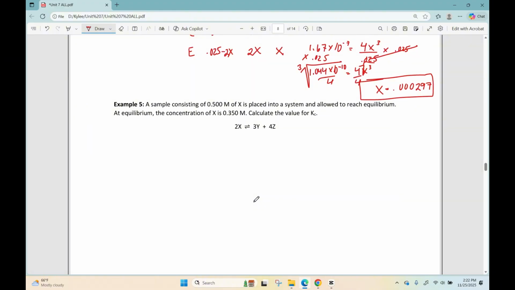Okay, next example. We have a sample containing 0.5 of X placed into a system and allowed to reach equilibrium. The concentration of X at equilibrium is 0.35. Calculate the value for K. So K is going to equal Y cubed Z to the 4th divided by X squared, products over reactants.